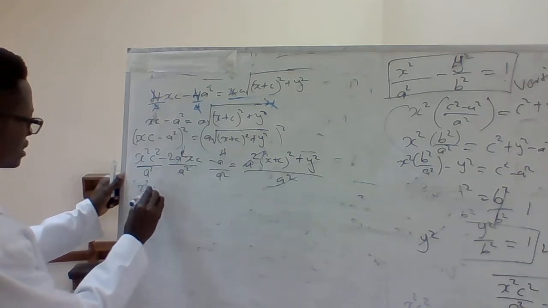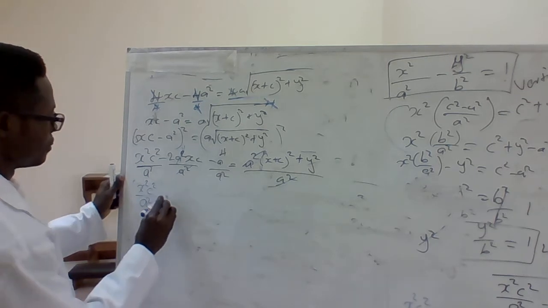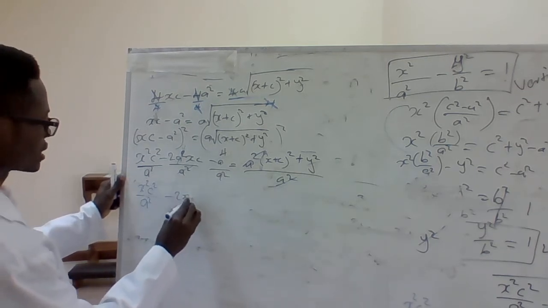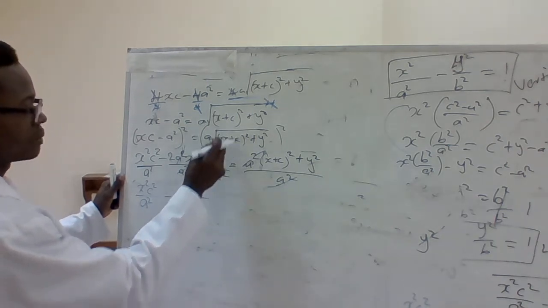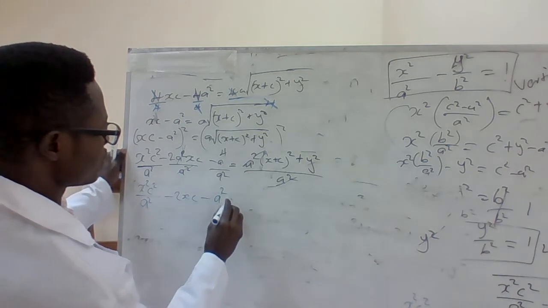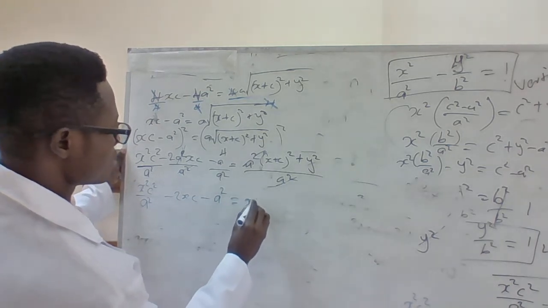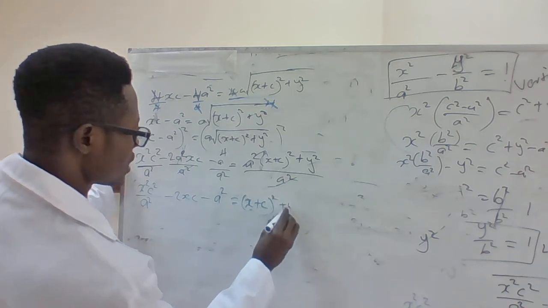x squared c squared over a squared minus 2xc, because this has cancelled, minus, remember we have a power 4, so we are left with a squared, and this will give us x plus c squared plus y squared.